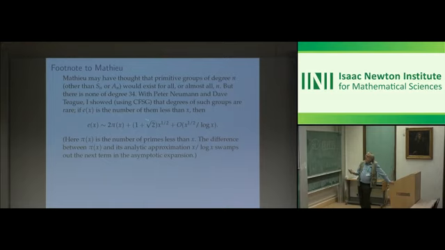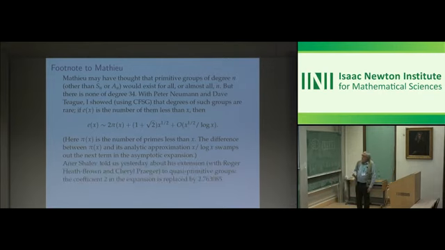And then you get down to this. Here you have groups whose degree is quadratic in a prime, such as PSL2(p) squared, PSL3(p). And you can go on. So this has been extended to quasi-primitive groups, and Anna told us about this, and you have to replace the 2 by a different constant.